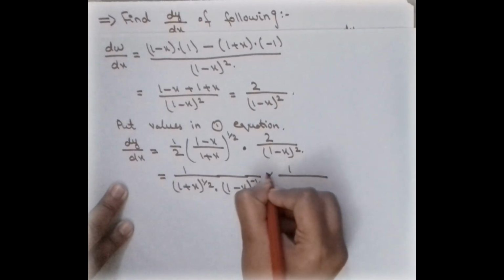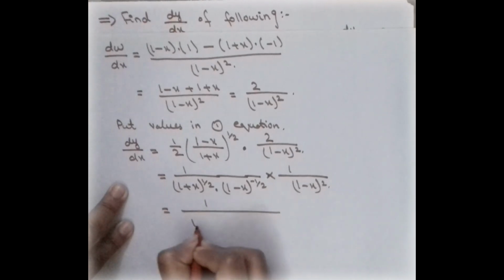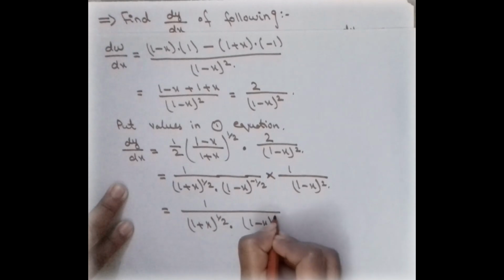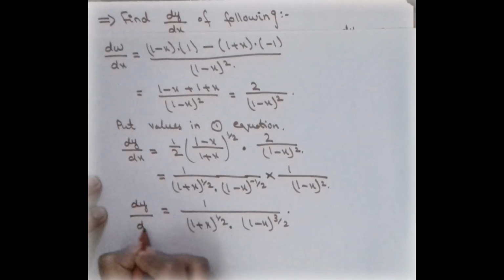So 1 divided by 1 minus x squared. It will be 1 plus x to the power 1 over 2 and 1 minus x to the power 3 over 2. So here is the final answer of this question.